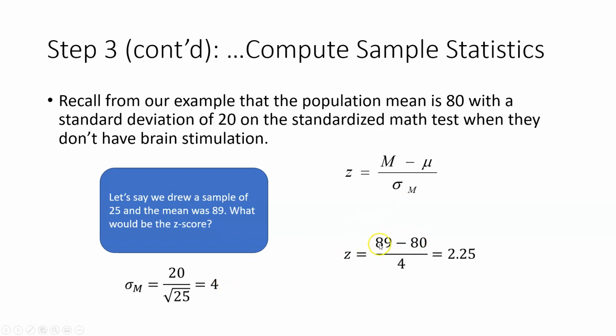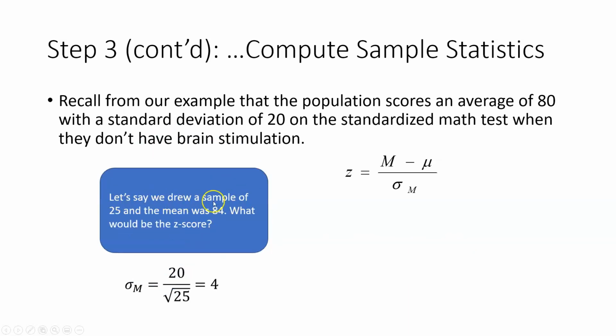So we're putting this 9-point difference in terms of the 4-point difference we expect there to be typically just by chance, and we say we actually have more than twice that large a difference here, 2.25. So the z-score falls far in the tail. 2.25 is more than 2 standard deviations above the mean of the null hypothesis sampling distribution.